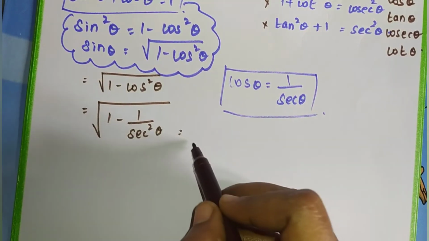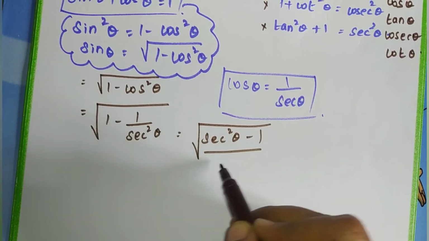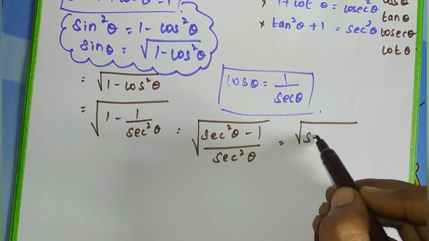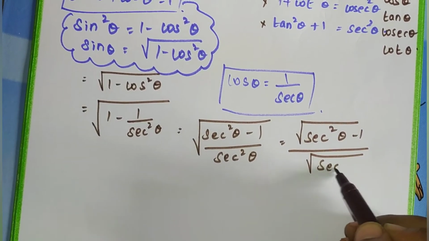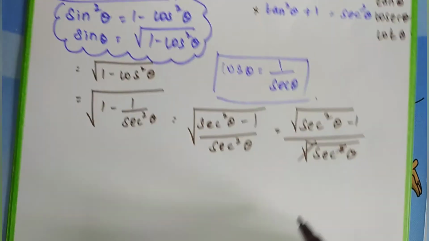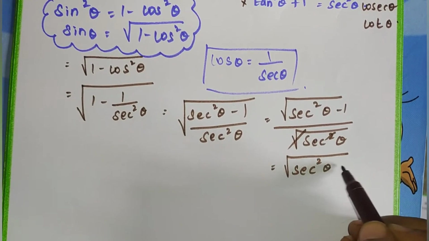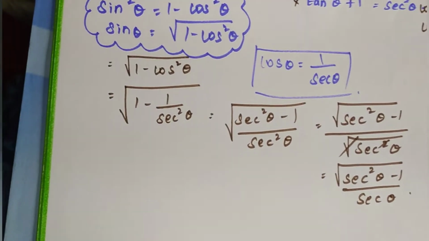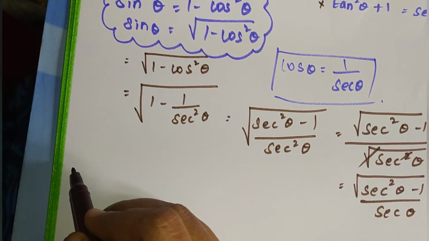You can take an LCM. Secant square theta minus 1 divided by secant square theta. Separate the square roots. And this one you can cancel. The remaining is root of secant square theta minus 1 divided by secant theta. Clear all of you?